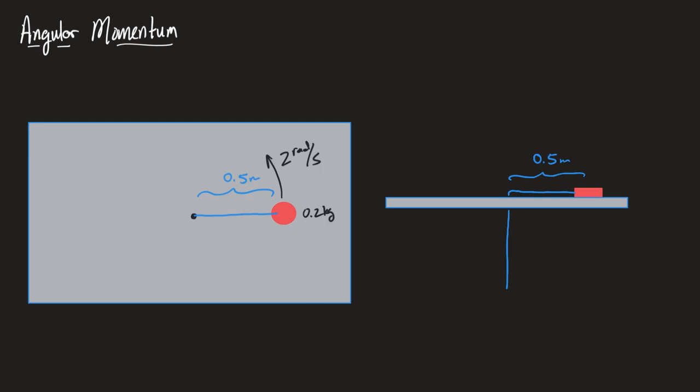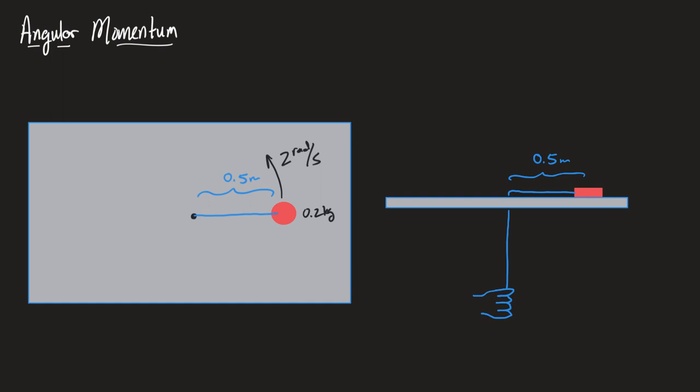What they say in the problem is that they're going to grab onto the string. That's a hand. I know it doesn't look like a hand, but trust me, that's just a terrible hand. Let's try that again. All right, it is quite possible I've done worse. There's my hand.